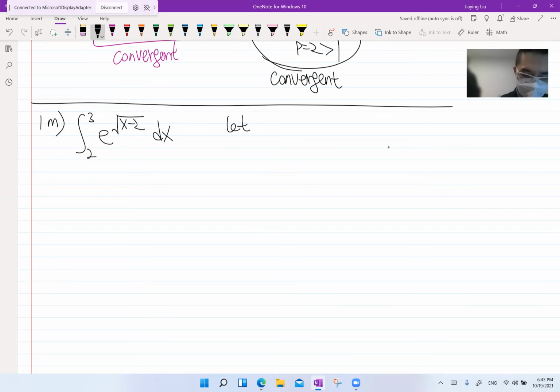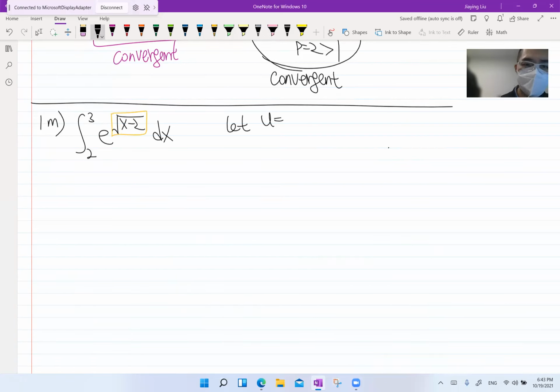I'm going to let u equal, there's a couple of things you could do. You could let u equal x minus 2, this part, or you can let u equal the square root. You would probably try u equals x minus 2, and later you might have to use u substitution again.